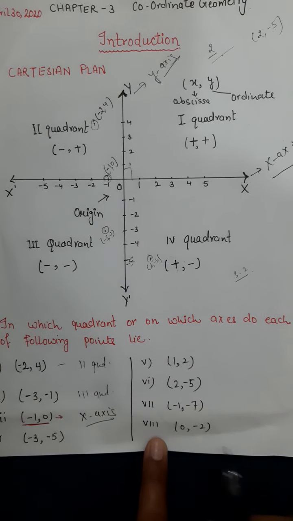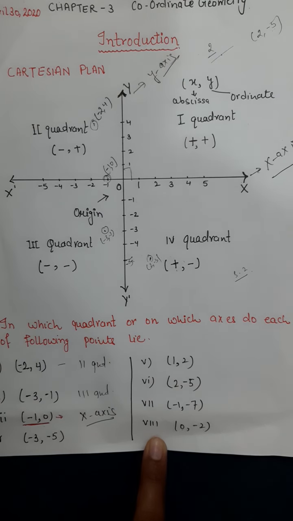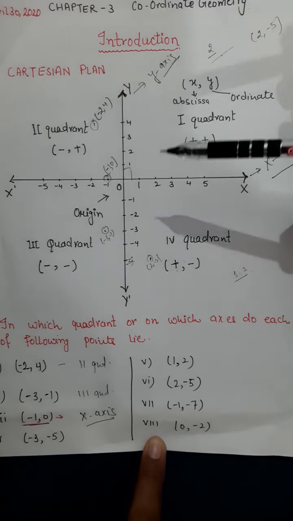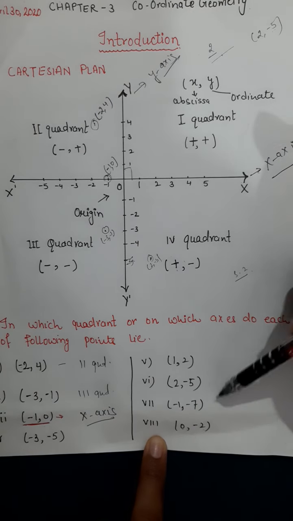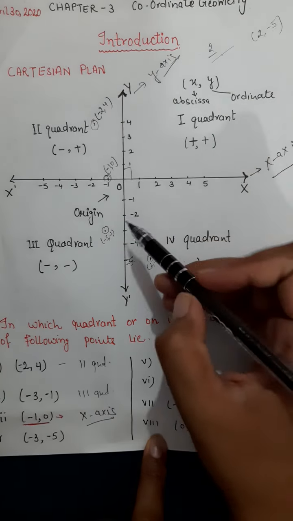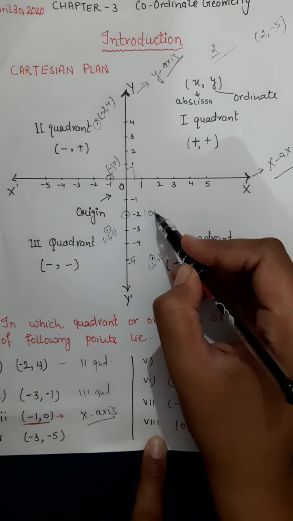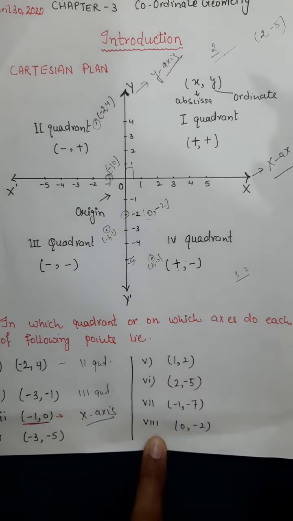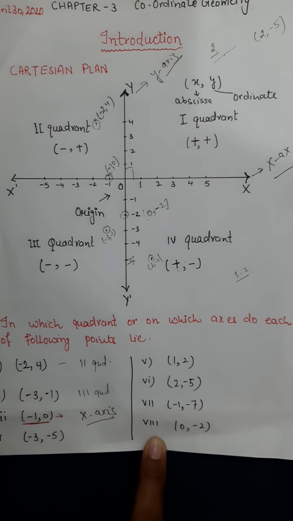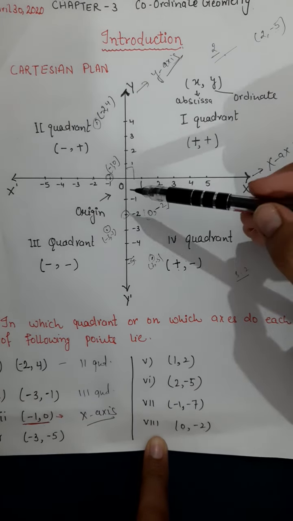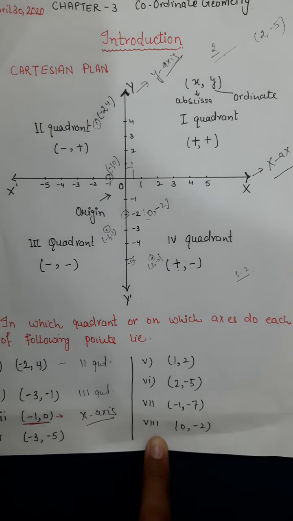Check the next point, 0 and -2. The x value is nothing, 0, y is -2, and y is -2 is here. So this is your point, 0, -2. In which quadrant or which axis does it lie? It lies on the y-axis, no quadrant.